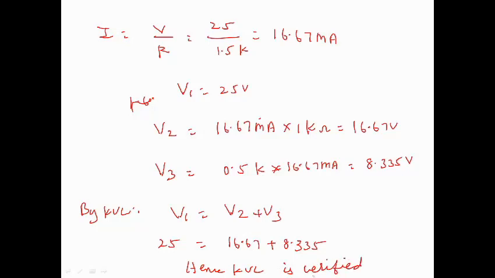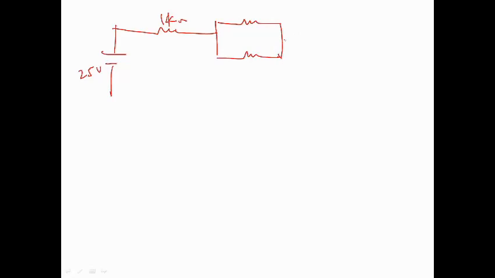Now coming to the next portion, that is KCL. You need to verify the KCL. In order to verify it, this was the circuit in my hand. I have a 25 volt source here, and a 1K resistor, and another parallel branch like this.